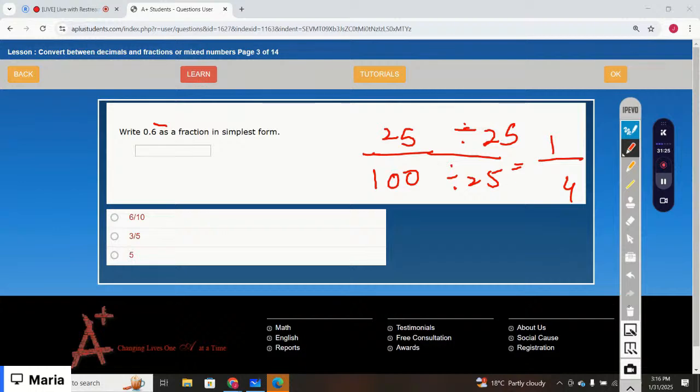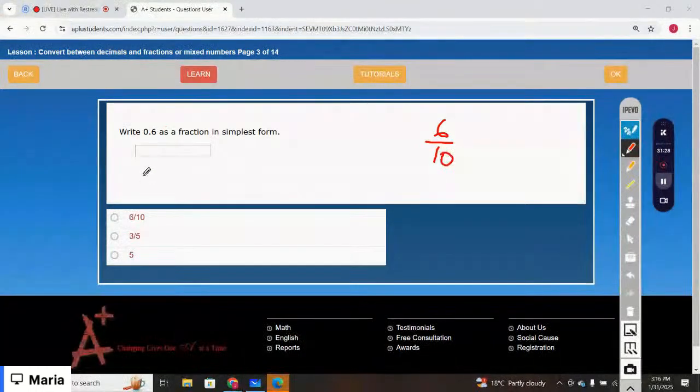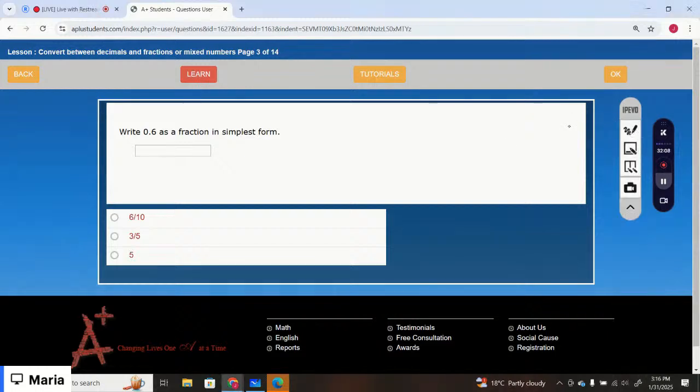The first thing you have to do is remove the decimal point, then that is 6 over 10, divided by the greatest common factor, that is 2, so 2 times 3 is 6, and 2 times 5 is 10, that is 3 over 5. Option number 2 is the correct option, that is 3 over 5.